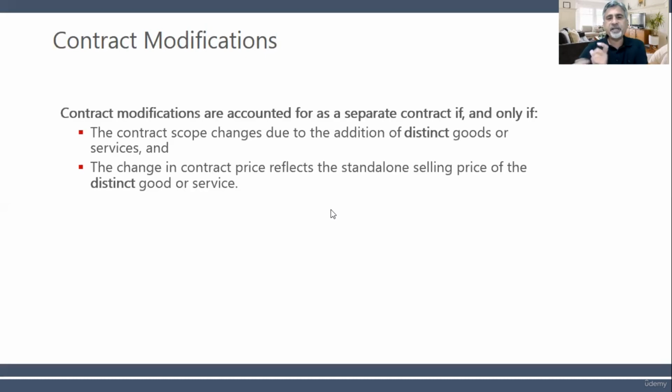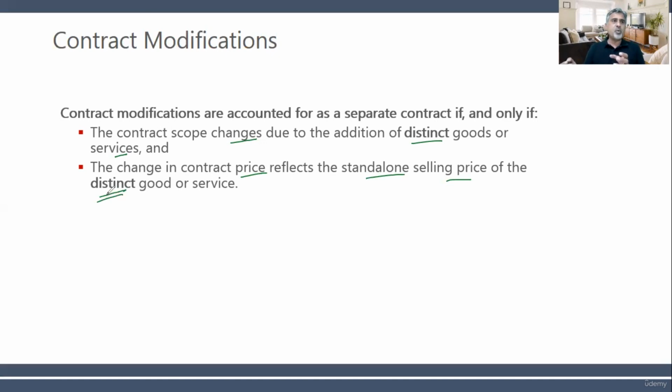So contract modifications are accounted for as a separate contract if and only if... Modifications are possible, but you will only consider them a separate contract if the contract scope changes due to the addition of distinct goods or services, which means the nature of the job changes, or the change in the contract price reflects the standalone selling price of the distinct good or service.